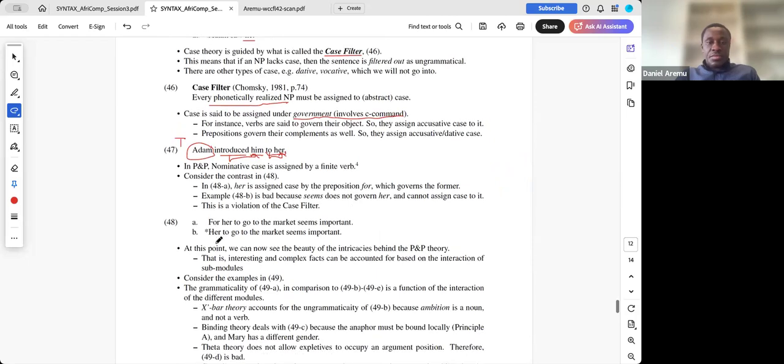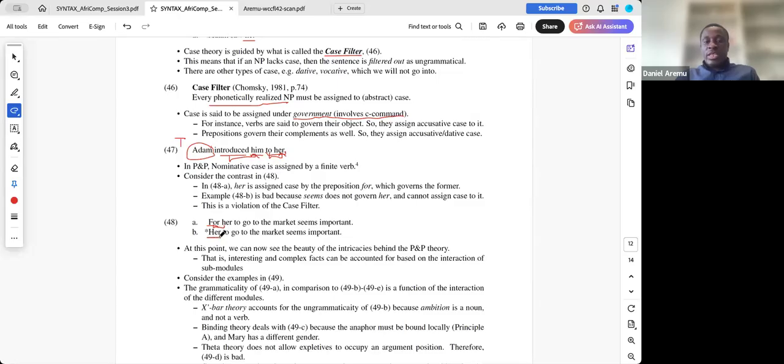So if you consider 48 A and B, the difference is that if you look at 48A, for R to go to the market seems important. Sorry, 4 is the one assigning case to R in this case. And that is why 48B is ungrammatical, because now there is no governor.